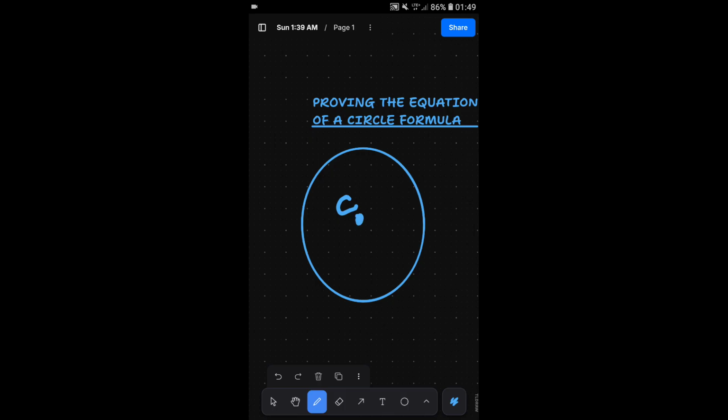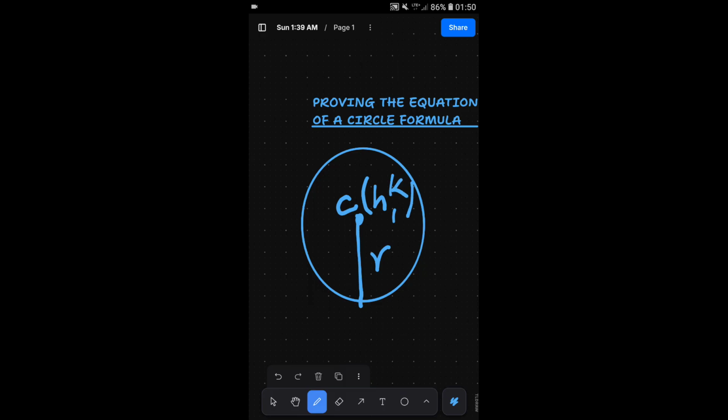And the distance from the center to the circumference of the circle, like that, is r. And let's say C has coordinates h, k.